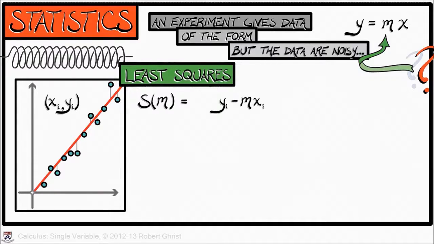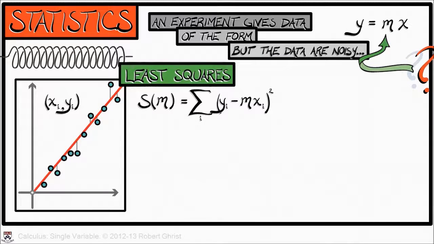Now, there's a bit of a problem in that these distances are signed. They're positive or negative because I'm really just looking at the change in y values. So let's square that term. We have y sub i minus m x sub i, quantity, squared. And now let's sum all of those terms up over i.